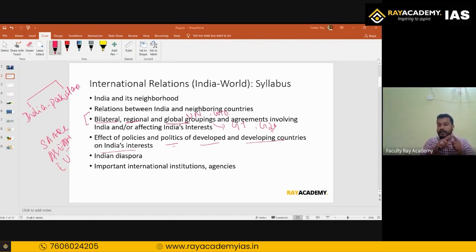But USA and Russia both have an ideological difference. For example, USA is more inclined towards capitalism, and Russia is more inclined towards what? Communism or socialism. Okay. So when India tries to maintain relations with both countries, of course, we try to maintain a neutral relationship.